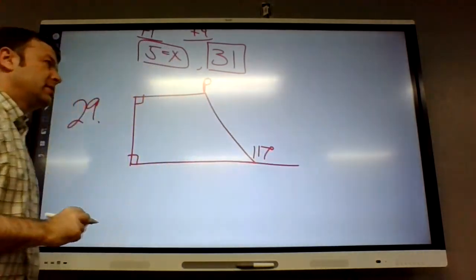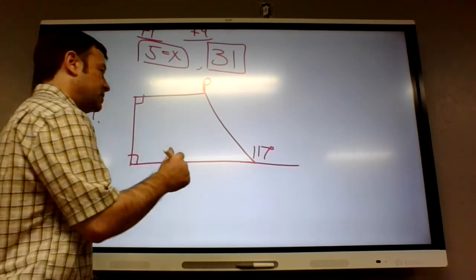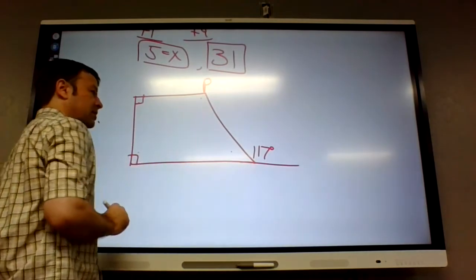Earlier, what did we say the angles of a quadrilateral have to add up to? 360. So these four angles should add up to 360.